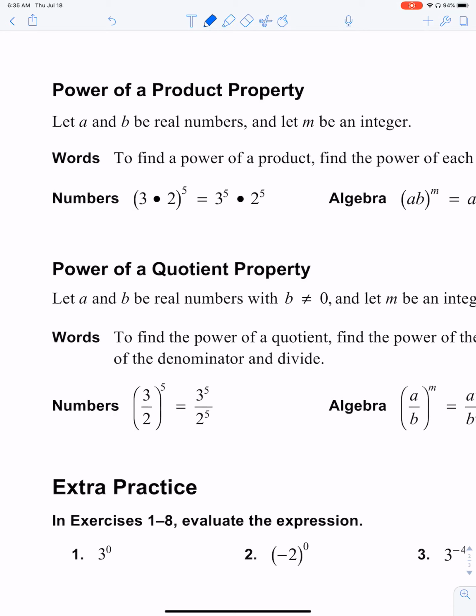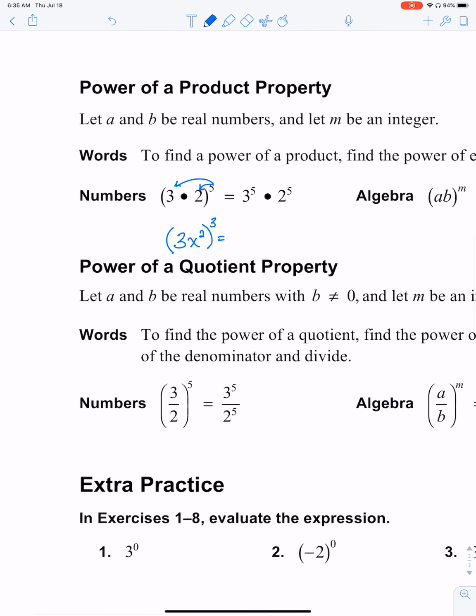In this case, it's almost like you're distributing that exponent, and you're going to end up with 3 to the 5th times 2 to the 5th, okay? This is super useful when you're simplifying something like 3x squared to the third power, say.